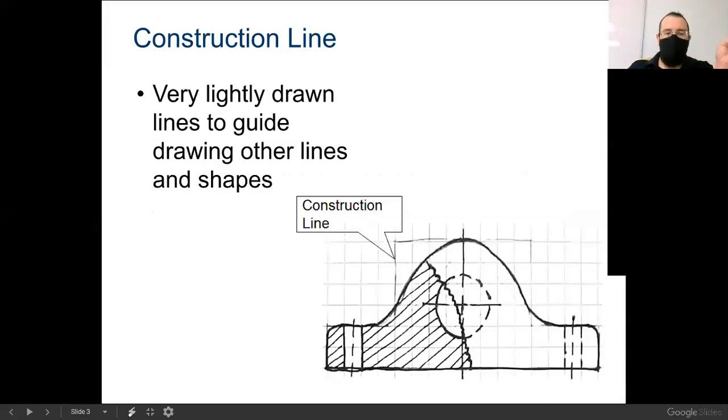A construction line is a very lightly drawn line, and it's used to guide drawing other lines and shapes. So I would kind of shorten that down. It's key that it's a light line, and its function is to guide your drawing. Those would be the key things to get down.